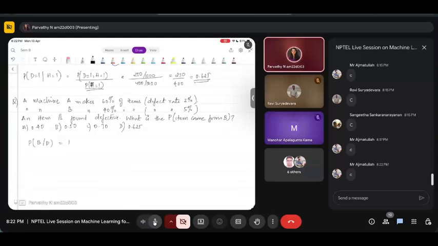So that is given by probability of D given B into probability of B divided by probability of D. First we have to calculate the probability of D.